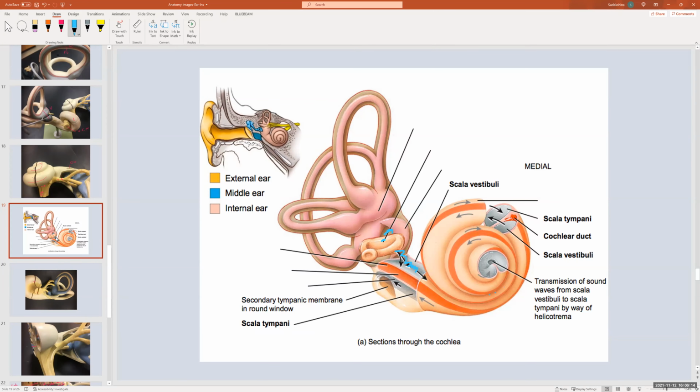That vibration goes up. And then at the helicotrema, that vibration is transferred into the perilymph of the scala tympani. Now it goes down. And the perilymph keeps sloshing back and forth and hits the round window.